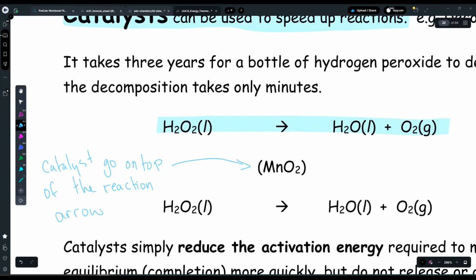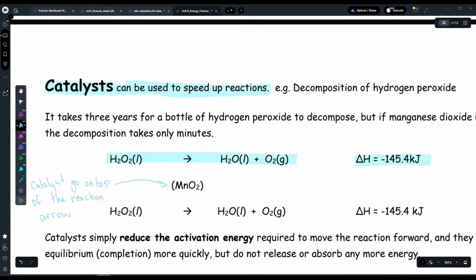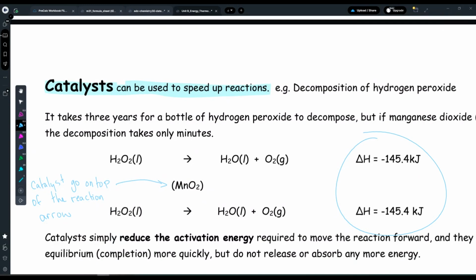The reason catalysts go on top of the reaction arrow is because catalysts do not get consumed or produced in a reaction. Now the key thing here is to notice the change in enthalpies. The change in enthalpy did not change when a catalyst is added.